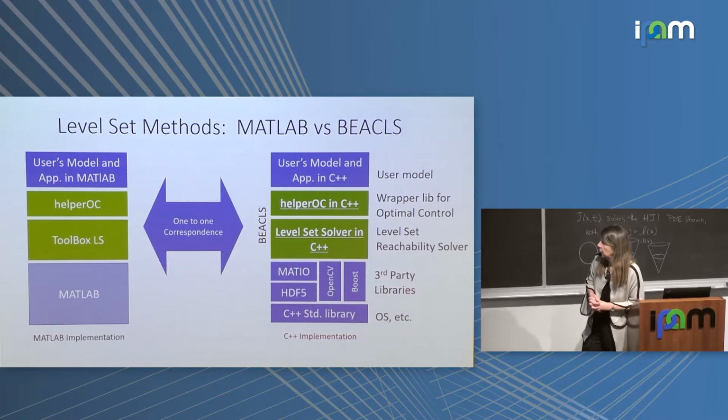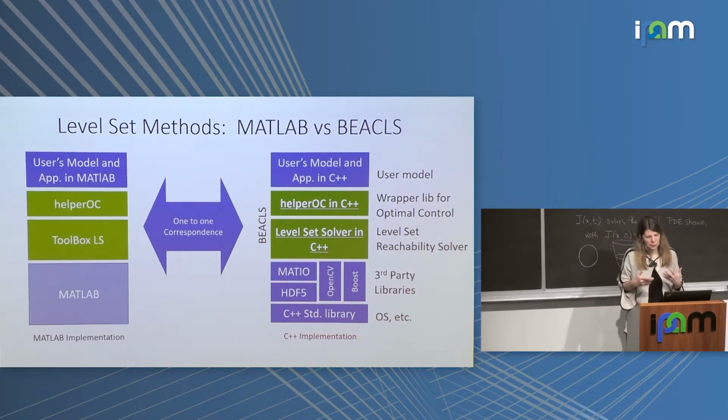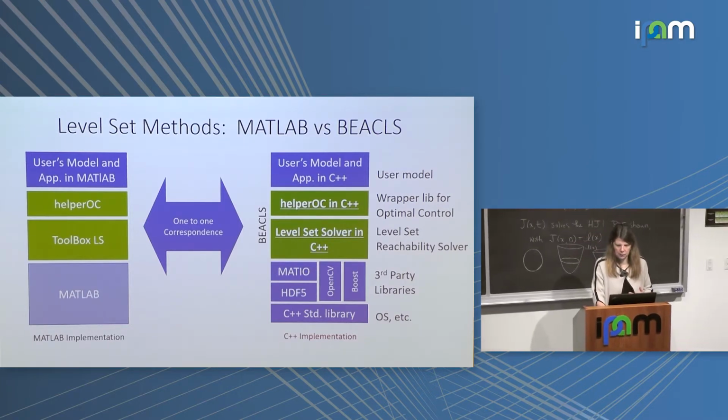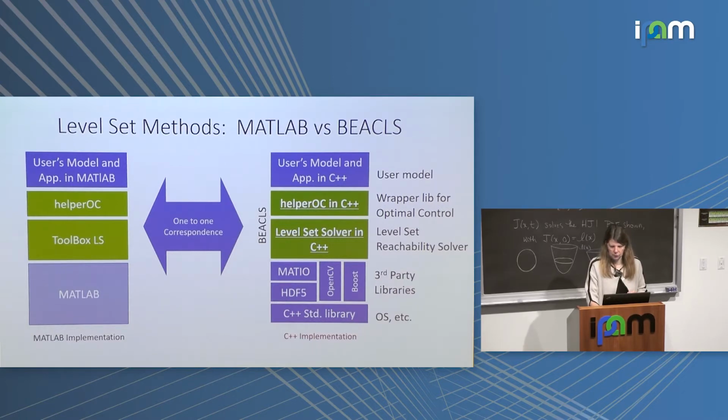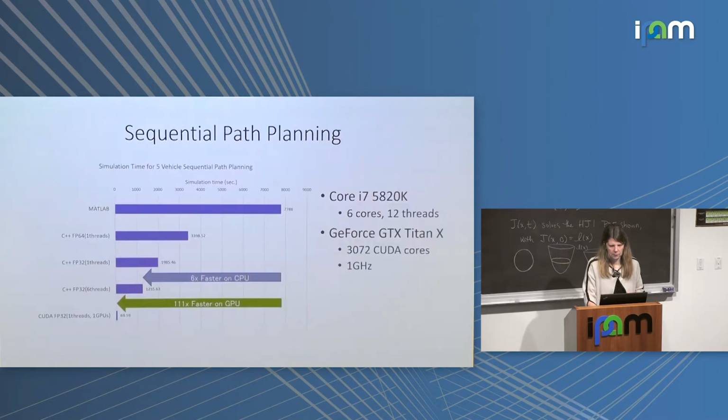We also incorporated the functionality to allow for a GPU implementation of the code, so to parallelize and run it on a GPU. I'll skip over the sequential path planning and talk about that a little bit later.